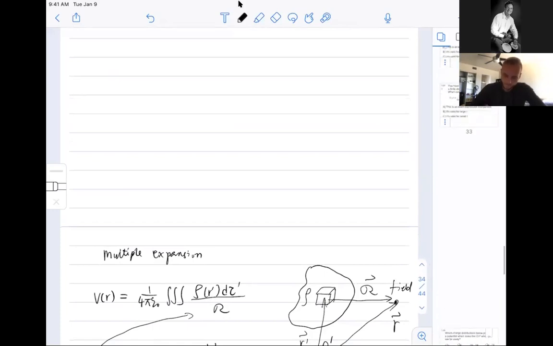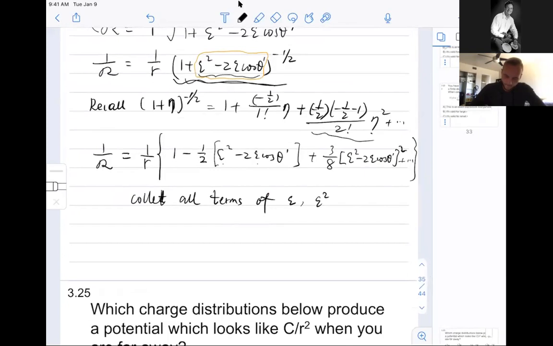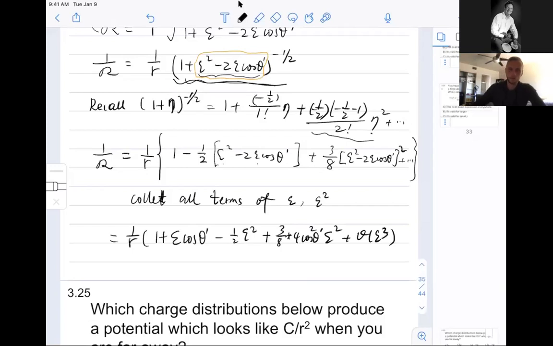So it becomes 1 over r times 1 plus epsilon cosine theta prime, plus epsilon squared times 1/2 times 3 cosine theta prime squared minus 1, plus even higher order terms to the epsilon cubed.